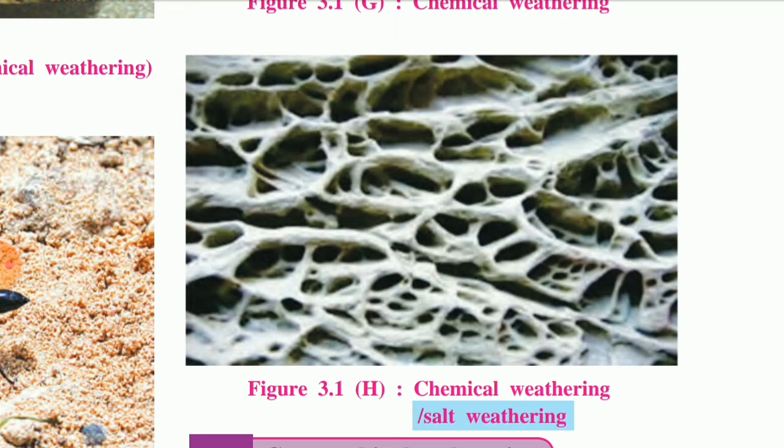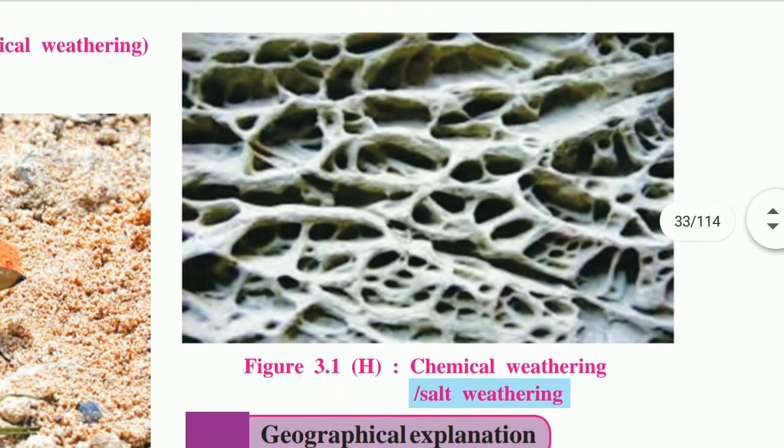I would remind you that lattice work you can find in forts, or also in the Taj Mahal, where the netted white marble is put. In a similar way, this is considered chemical weathering or salt weathering.